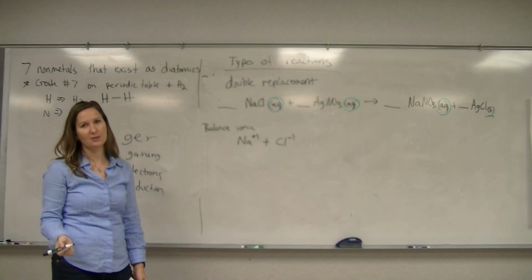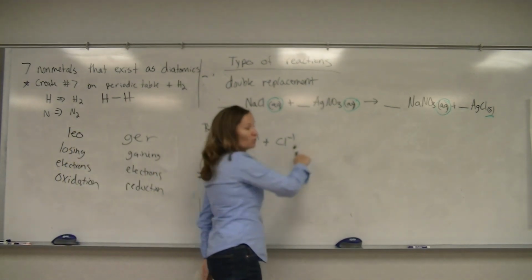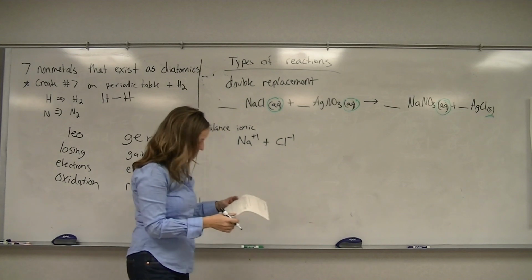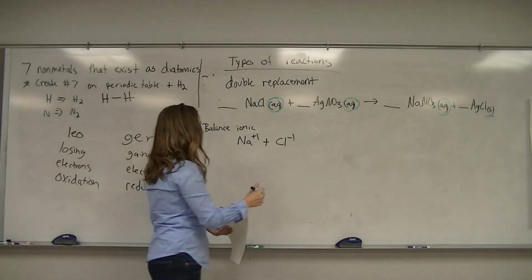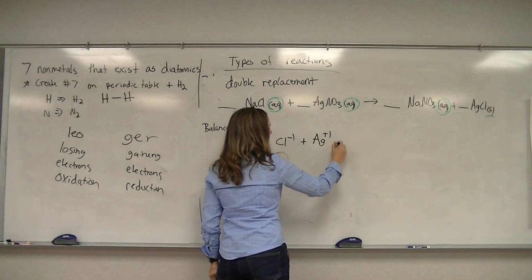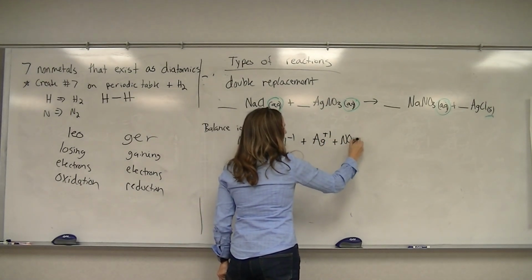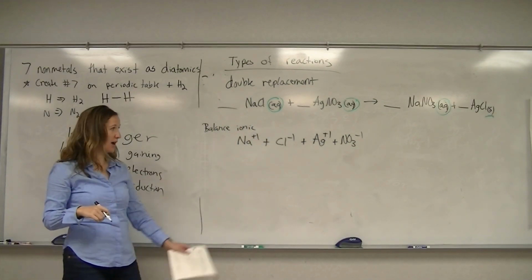Halogens always form a -1. Looking at silver and nitrate, we actually already saw this one in the previous example. When we figured out the charges for silver and nitrate, we figured out that silver had a +1 and the nitrate ion had a -1. So look at the previous example if you forgot how we figured that out.